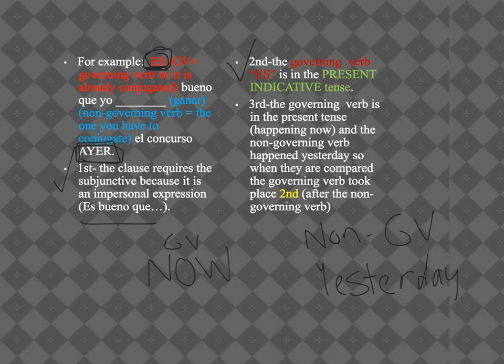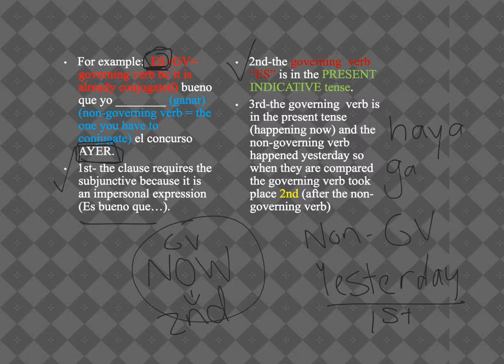So, when I compare these, which is first, yesterday or now? Yesterday is first. That means my governing verb takes place second. Governing verb second, that's when I use this crazy thing called present perfect subjunctive. So your answer is going to end up being haya ganado.